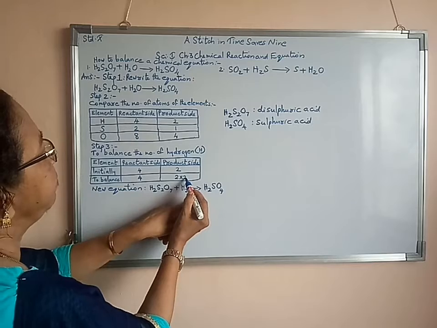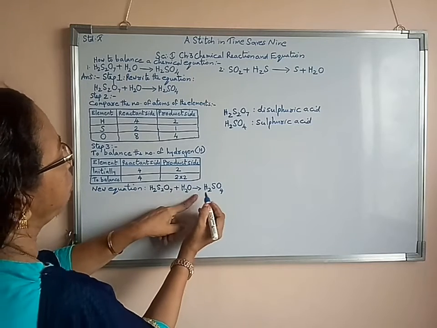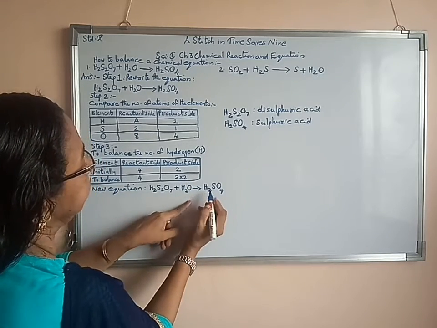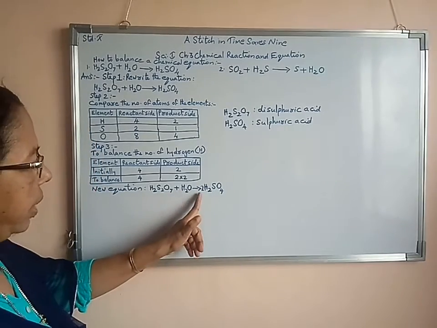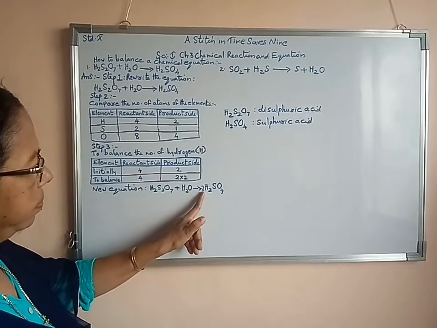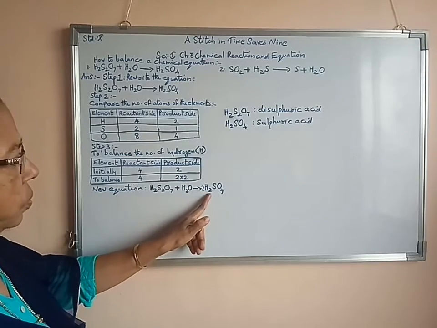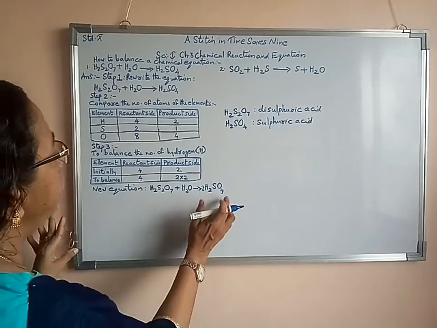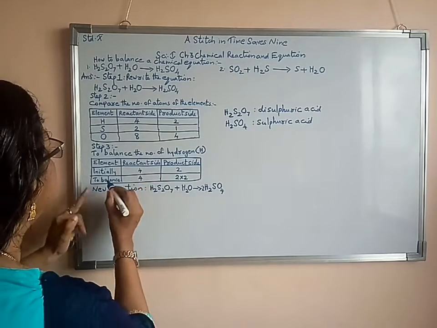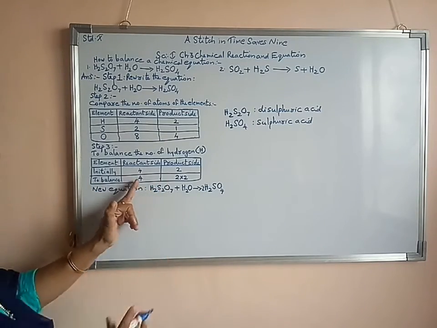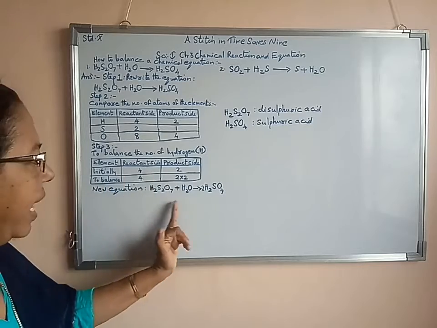That means I multiplied with 2. So 2 2s are 4. Here already hydrogen 2 is there, so on its left side I have to write a 2. So now hydrogen's number became how many? 4. 2 2s are 4. Now again we have to count and see. So in one round, first we balanced the number of hydrogen.